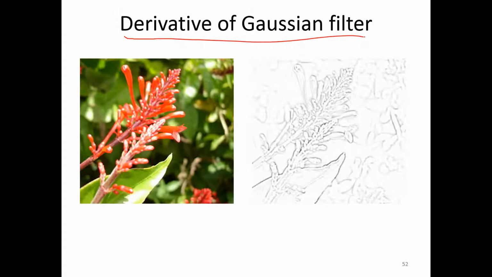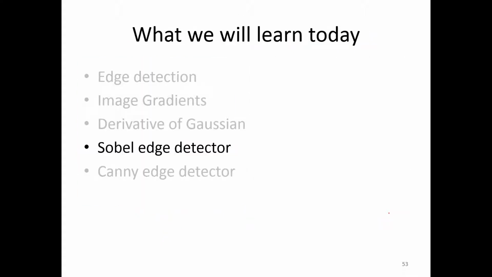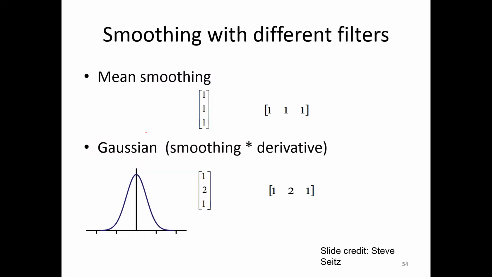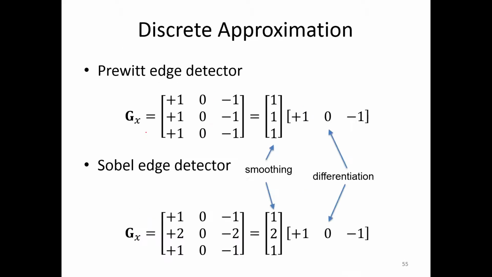And if you apply that to this image, more or less you get this. I'd like to mention one very simple filter that is very similar to the Sobel filter. It's again a smoothing, but the exact filter is just like that.